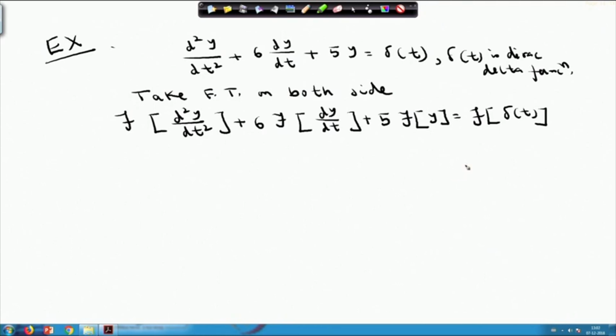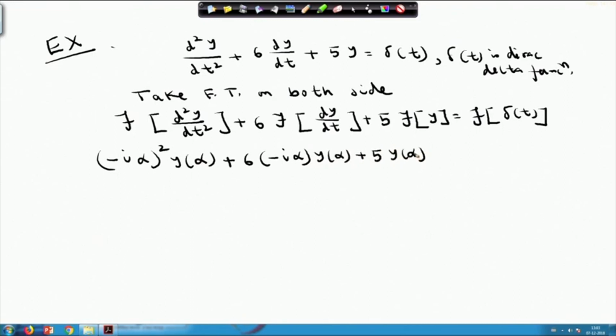So, if I use this formula, then the Fourier transform of d2y/dt square I can write as minus i alpha whole square into y of alpha, where y of alpha is nothing but the Fourier transform of y of t, plus 6 into the Fourier transform of dy/dt, which will be minus i alpha into y of alpha, plus 5 into the Fourier transform of y, which is y of alpha.